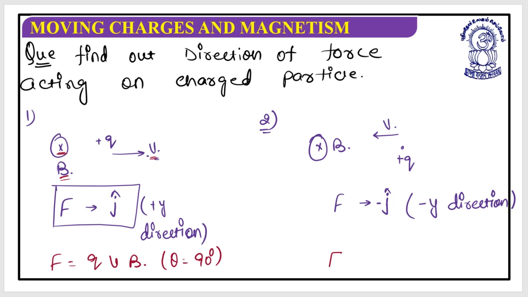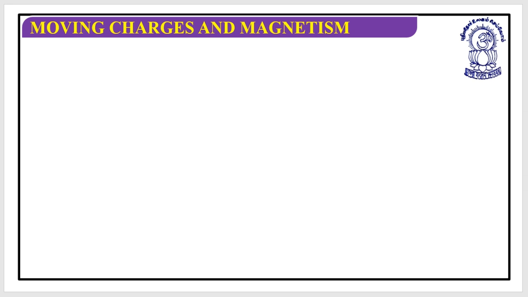Same is the case here, F is equal to QVB. So at this point of time, just focus on finding the direction. Magnitude can be done very easily. Let's continue this practice.